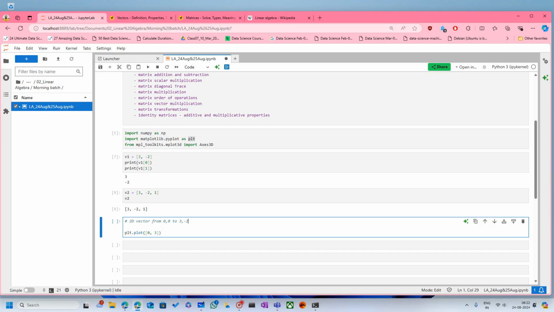So the x values will be 0 comma 3, and the y values would be 0 comma -2.